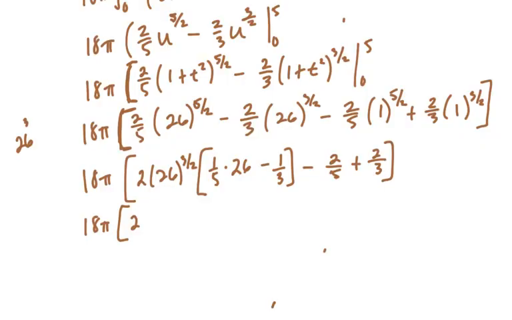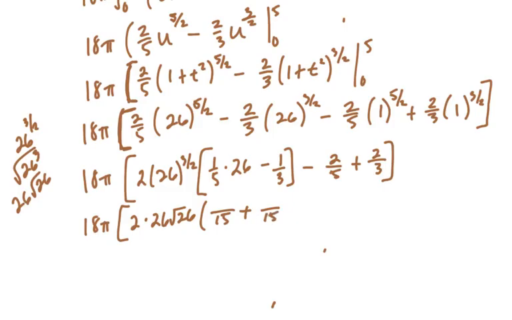26 to the 3/2 means the square root of 26 to the 3rd, which is 26 square root of 26. So let's write 26 square root of 26. And here, let's get common denominators of 15. So 3 times 5 makes 15. So 3 times that is 78 minus 5. That should be a minus, not a plus.